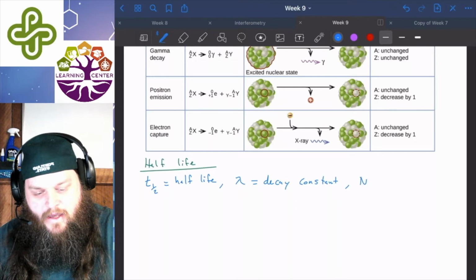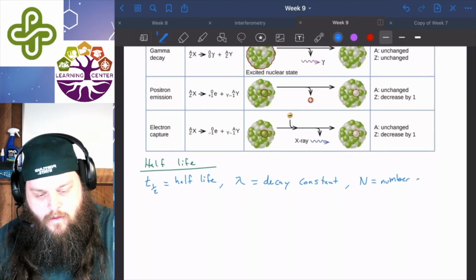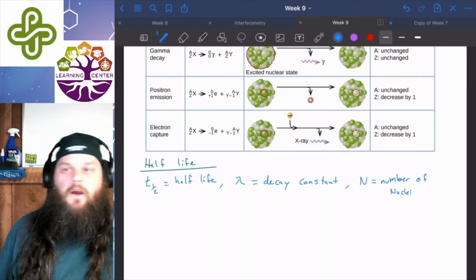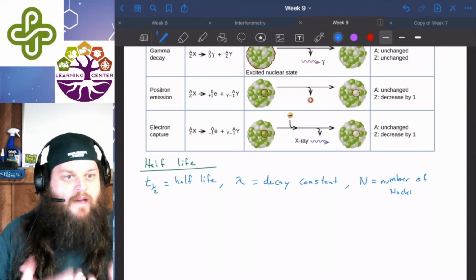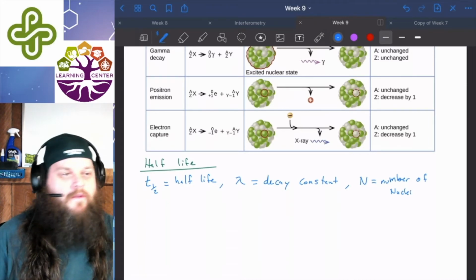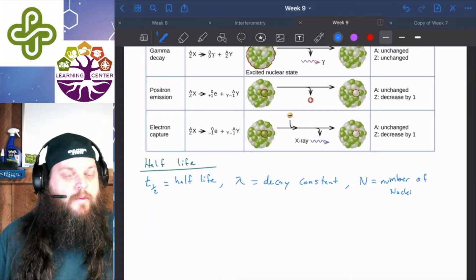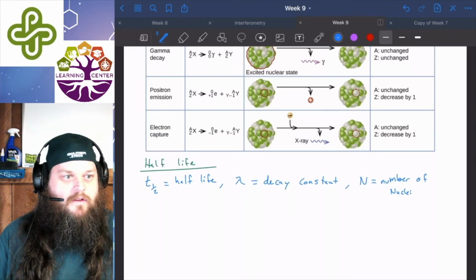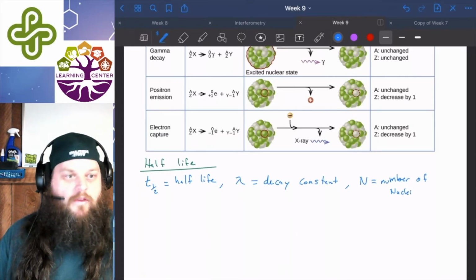And we say N, which is just the number of nuclei. So however many nuclei we have in there. If we say we have 15 carbon atoms, or maybe we have Avogadro's number of nuclei, so we could have 10 to the 23rd up to that point.